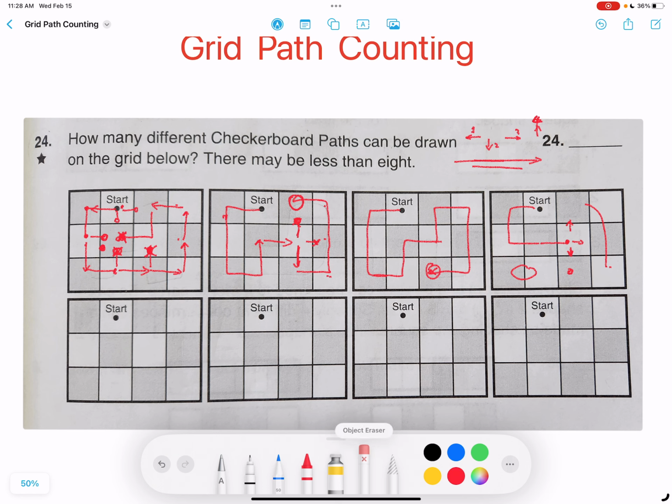So what this means is that coming down is not a valid path. Similarly, turning right is not valid either. And then we have to go up and then go this direction. That's the fourth path.